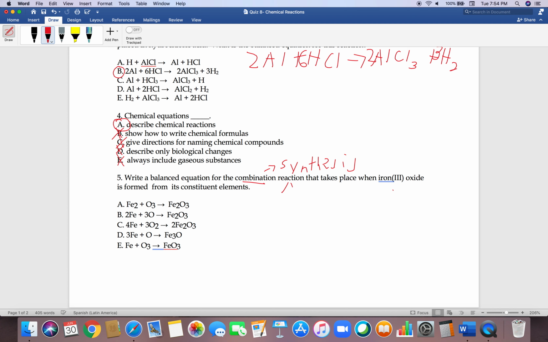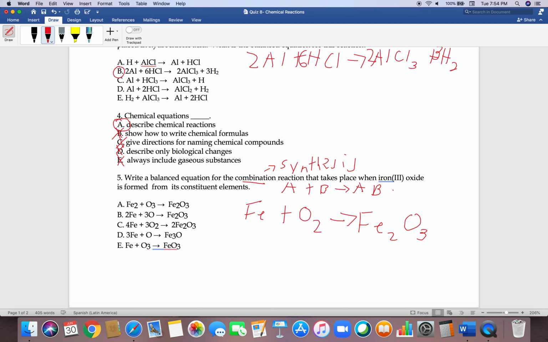That could be represented with letters as A plus B gives AB. For iron(III) oxide, I'm going to write the formula, using how to write your ionic compounds. If we're forming iron(III) oxide, what are our constituent elements? Well, it would have to be iron and oxygen gas, right?